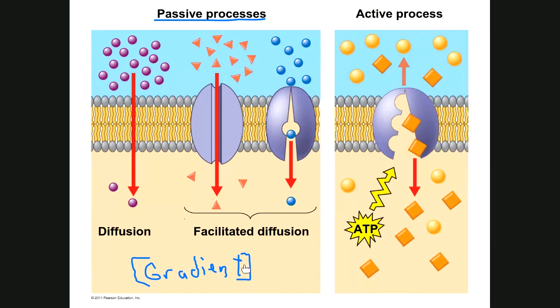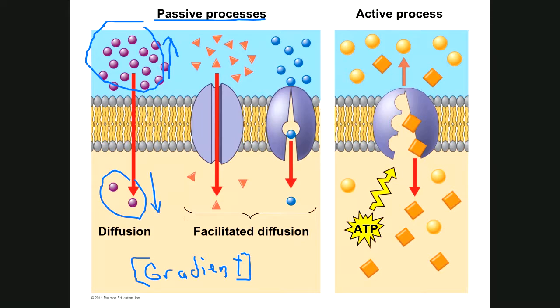We define a concentration gradient as being an area within one or two solutions. In this case, it's two solutions. Imagine this is the ECF and this is the ICF. The way we identify a concentration gradient is we look at which of the two solutions has a higher concentration of solute, so I'm going to draw an arrow, and which has a lower concentration of solutes.